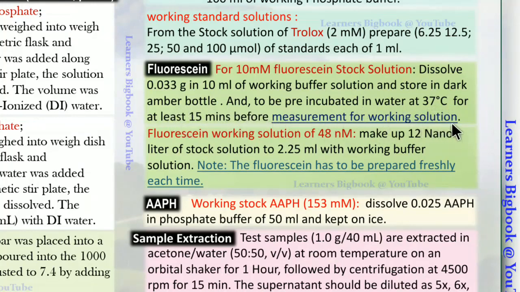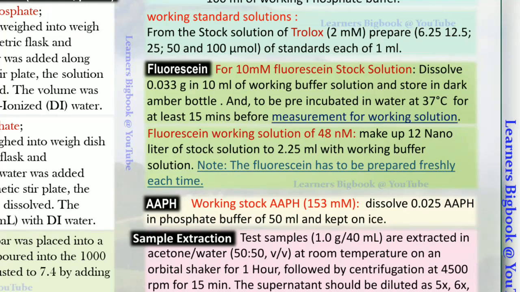So you can prepare a 10 millimolar frozen stock solution and keep it for a longer time, but when you take it out for the experiment, it has to be incubated at 37 degrees centigrade.